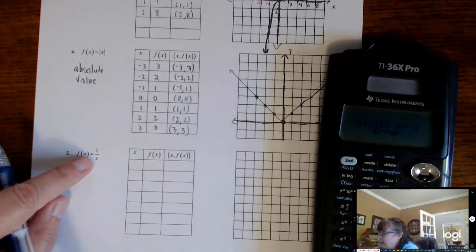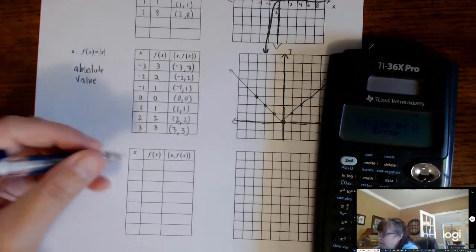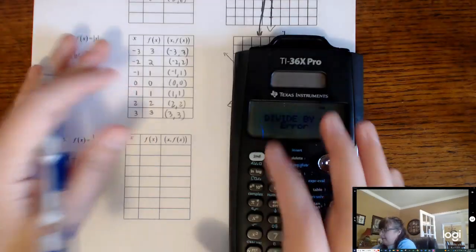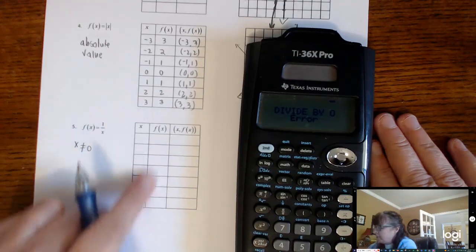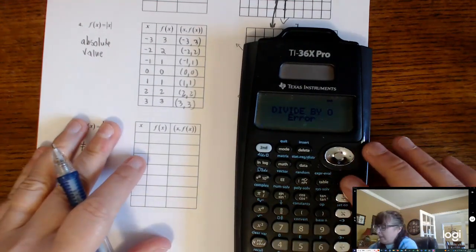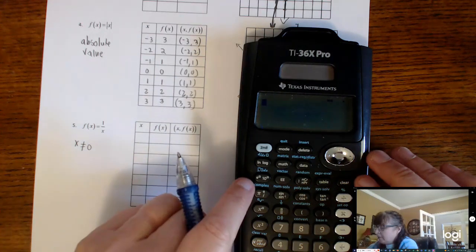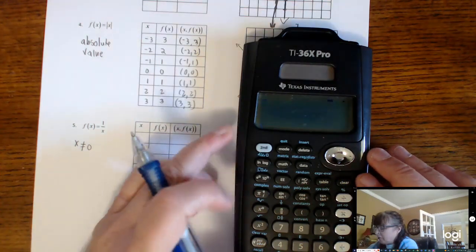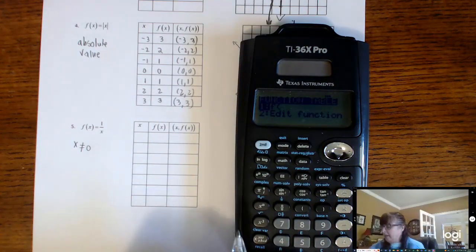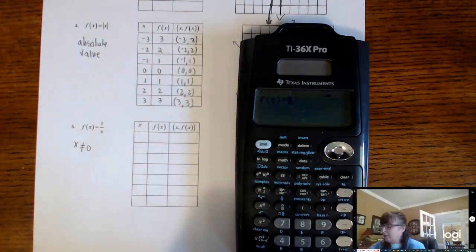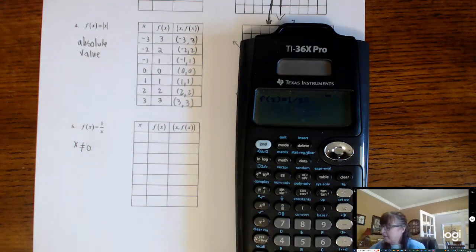So I'm going to count by half, and I'm going to start at -3. And so this is where the calculator can be helpful, because you're going to have some very interesting values here. So again, we're going to go to the table in an edit function, and we're going to clear that, and we're going to type in 1 divided by x.